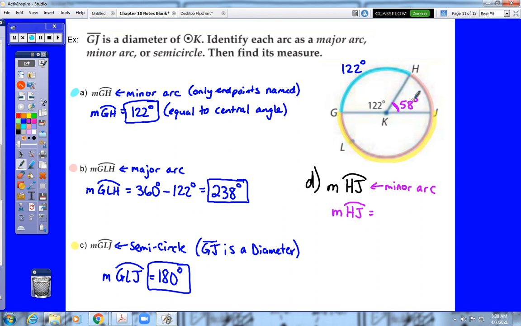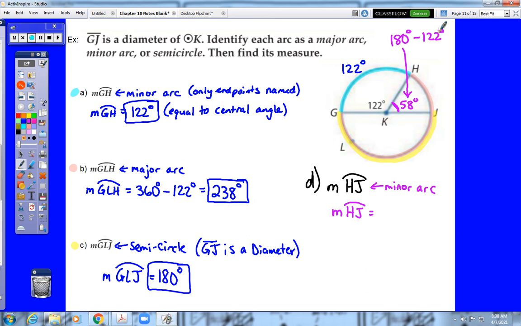Okay? Keep in mind, again, the way I'm getting that is I'm doing 180 minus 122 degrees because those 2 angles are supplementary. So I can do 180 minus the 122.